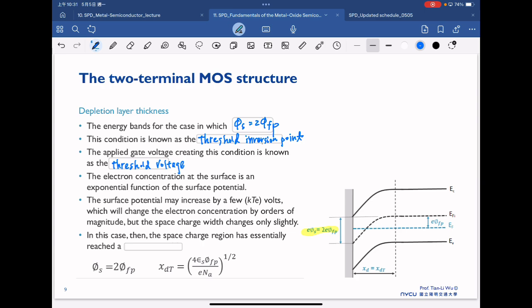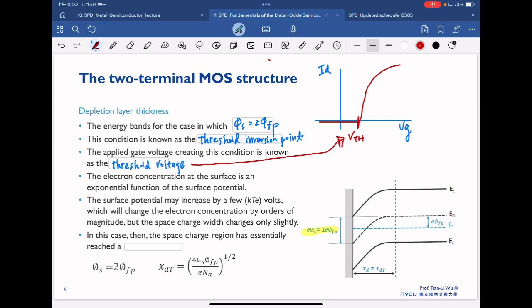We already mentioned previously that in the case of a MOSFET, the most critical characteristic is the ID-VG. Once our gate voltage applied is larger than a certain point, we start to see the current increase, and we define this as VTH, which is this one.